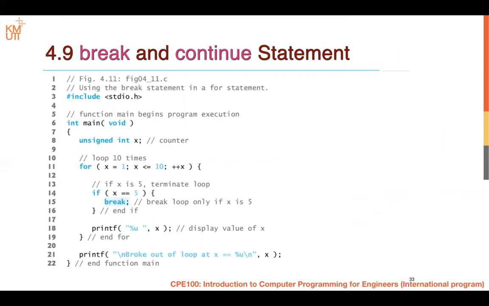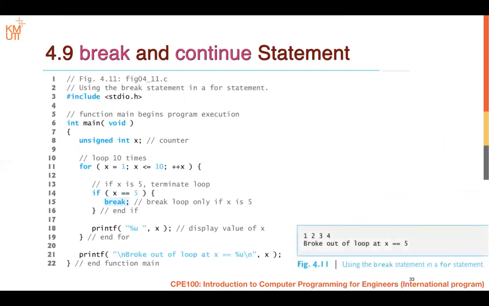For this example, I want to show you the loop. Suppose you have a for loop to print out 1 to 10, but you have a special condition: if x is equal to 5, then you use break. Normally, without this condition, you would simply print out 1, 2, 3, 4, 5 to 10. But with this, the loop will print until x is equal to 5 and then break.